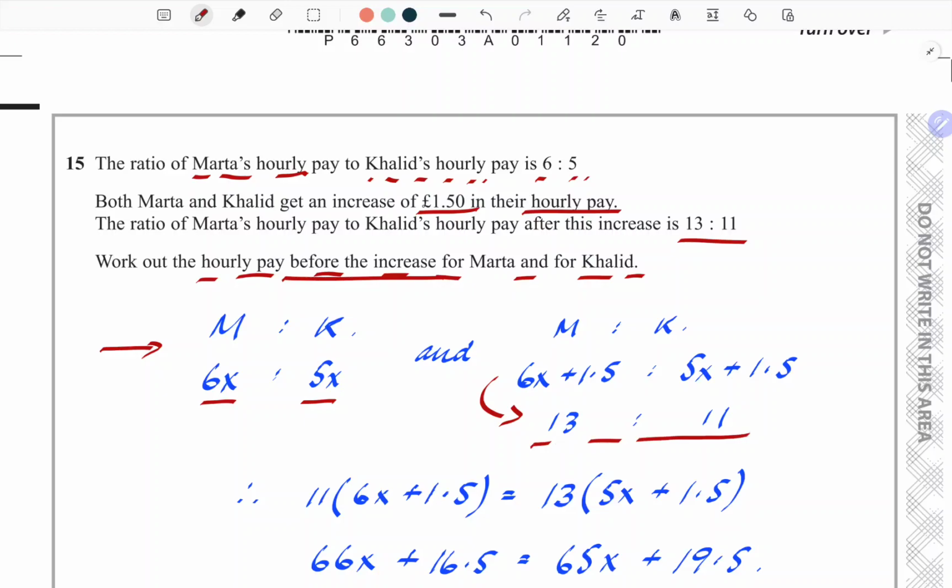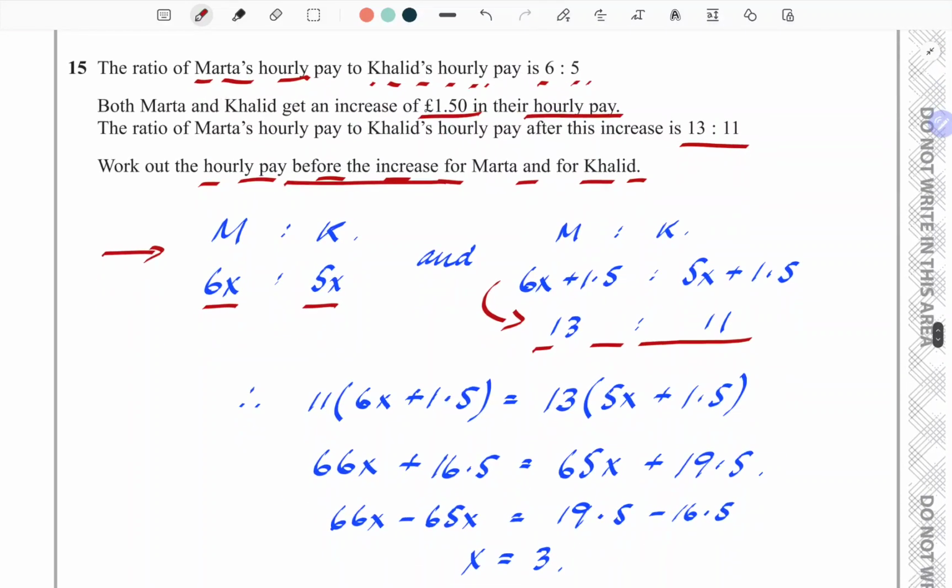As said earlier in the video on a previous question, in order to turn that into an equation, you cross multiply. So 11 times (6x plus 1.5) equals 13 times (5x plus 1.5).